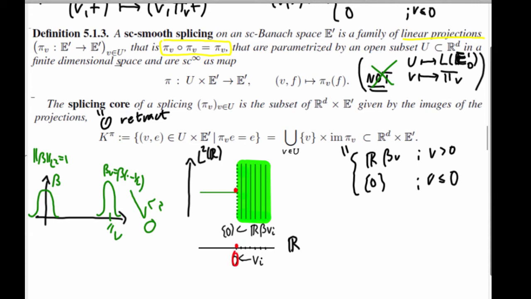And then beyond that, your fiber simply is 0. That's the v less than or equal to 0. So that's really what you should think when you see this picture. It's not a nice flat half plane. It's a half plane that somehow turns, and in some sense there's a lot of curvature as you go into that point.